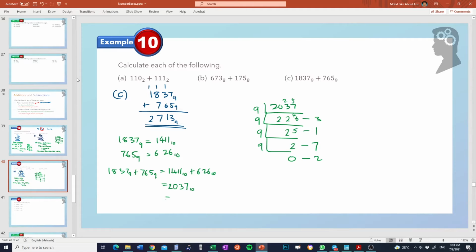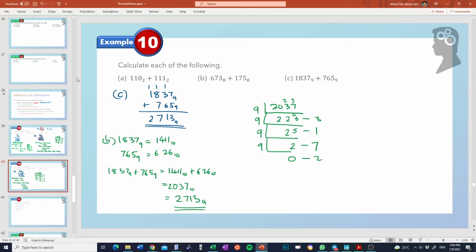So that is basically 2713 base 9. That's how you do it for both methods. Okay, any question? Tak ada rasa cikgu. Okay.